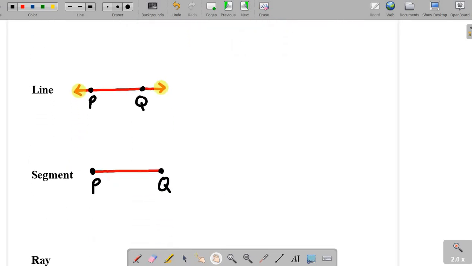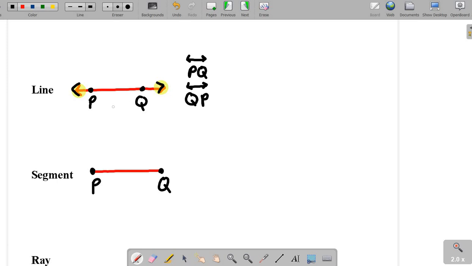I could call this line, meaning going on forever in both directions, by the symbol capital PQ with a little baby line above it. Or I can do QP with a little baby line above it. Both ways would work.